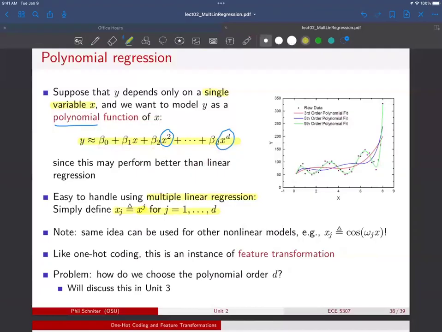So that means we can use all the techniques we learned in this unit. We just have to do a little bit of pre-processing beforehand. And the polynomial is just one option. You could use any nonlinear function and get some interesting things, like you could use a cosine of x with different frequencies. So these are all different ways to do feature transformation, which is really powerful.